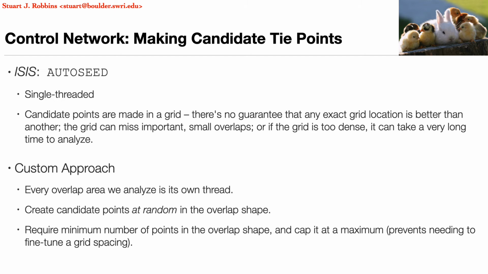We also require a minimum number of points in the overlap shape so we can get those small overlaps and get those sometimes critical points, but we also cap it at a maximum. So even if we have a large overlap area, we're only going to have up to about 24 points on it in order to minimize the superfluous number of points, because you don't need all that many. You don't need thousands of points in a single overlap area. That's what we get by treating each overlap area as its own self.